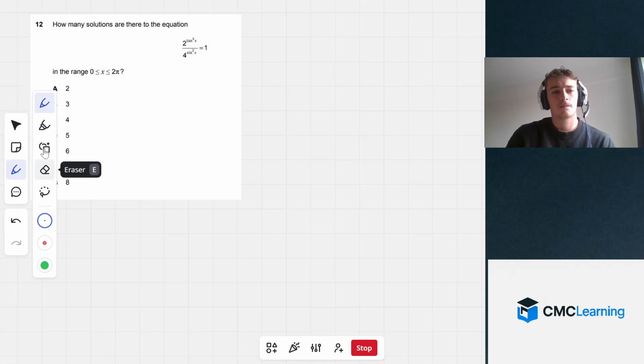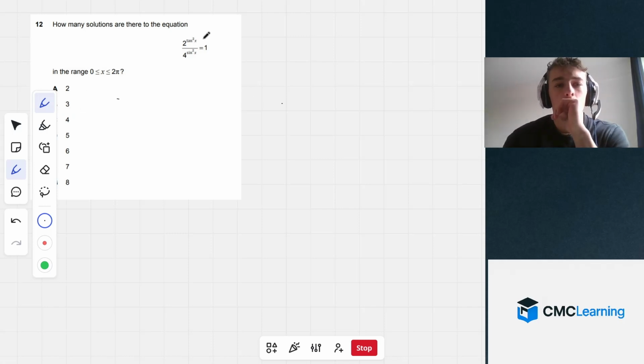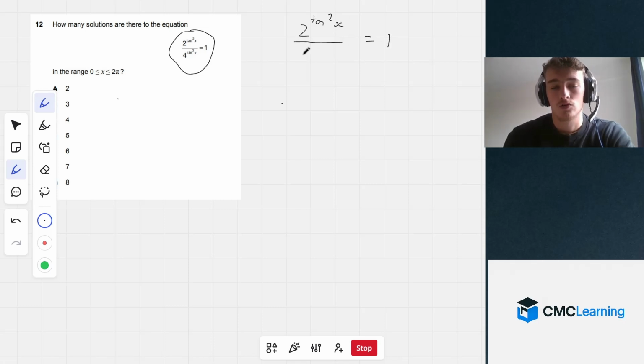So, the first thing we want to do here is we can do the following. We've got 2 to the tan squared x over 1 equals 4 to the sine squared x. We can change this 4 to 2 squared, so 2 squared to the power of sine squared x.